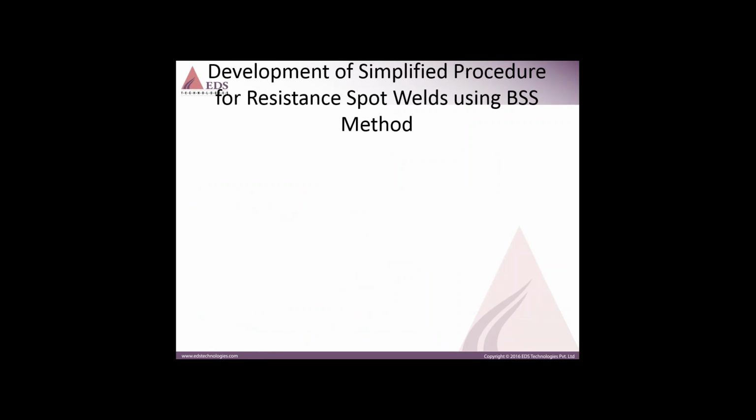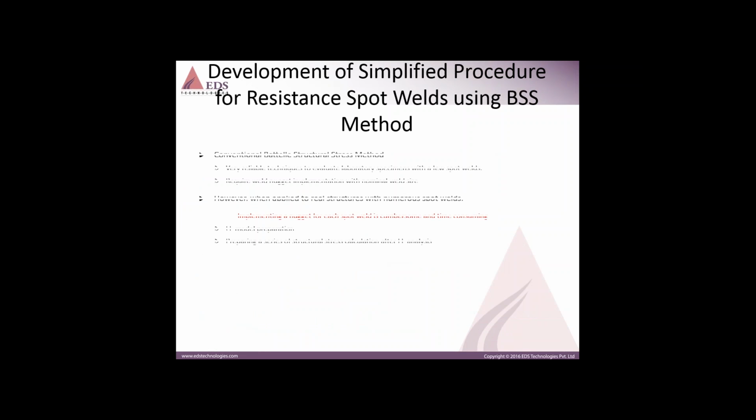Let us go a step further and look at a simplified procedure for spot welds using the structural stress method. The conventional structural stress method is very reliable, but it has a downside. It requires you to model the weld nugget using your finite elements.